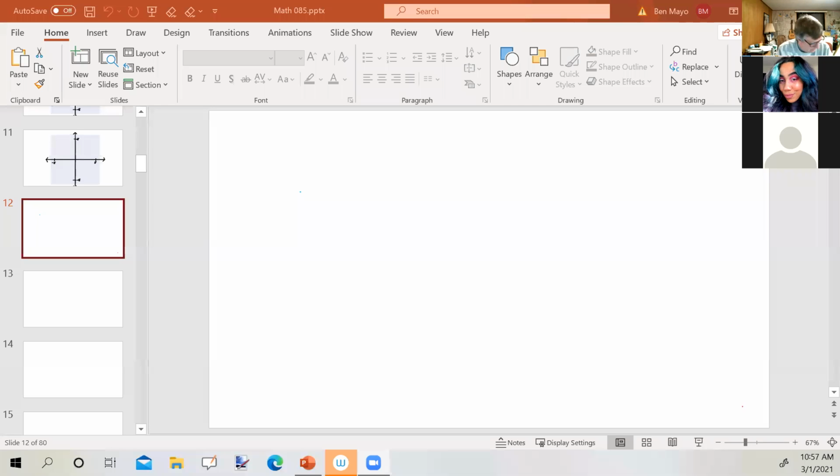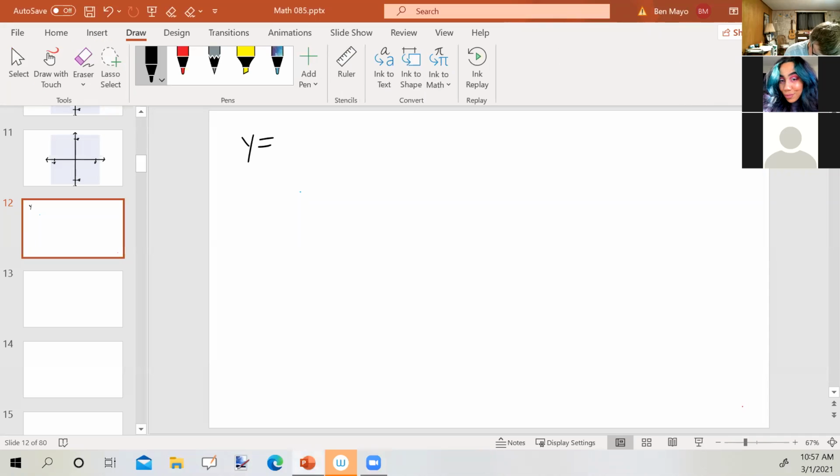Now, what if I had y equals 2 times 3 to the x? Order of operations, is that the same thing as 6 to the x? No. You do the exponent before the multiplication. Yeah, good try, good try.